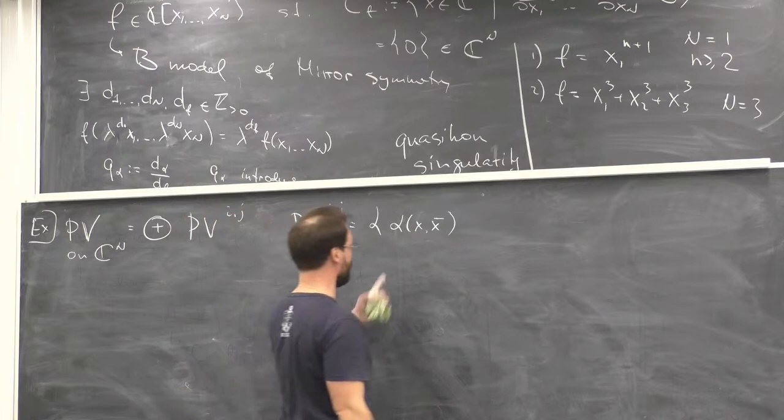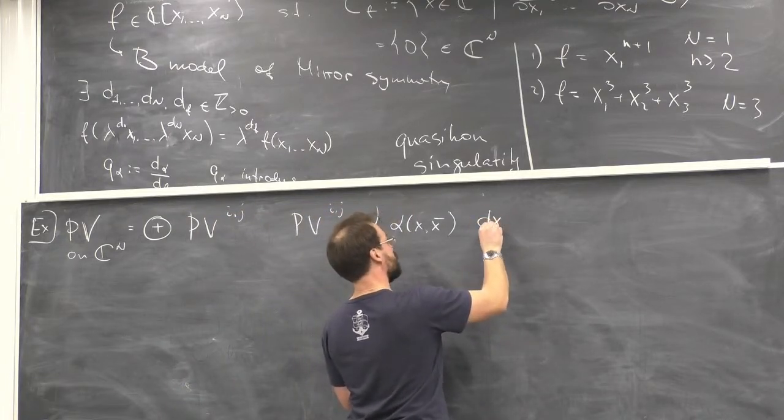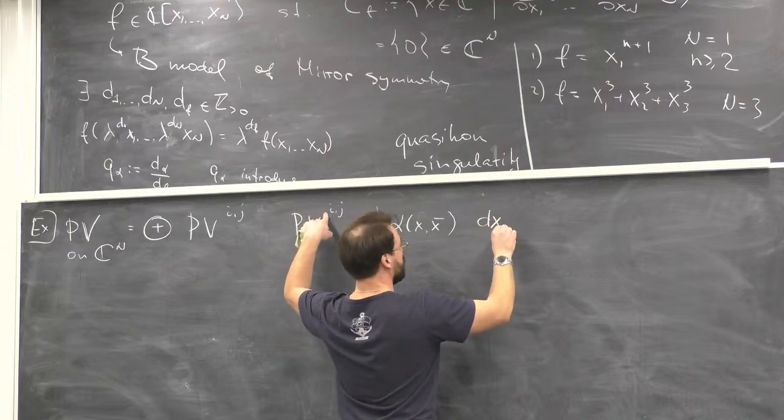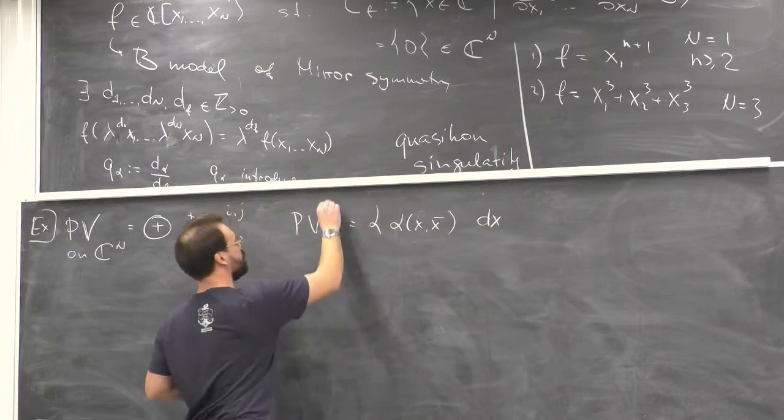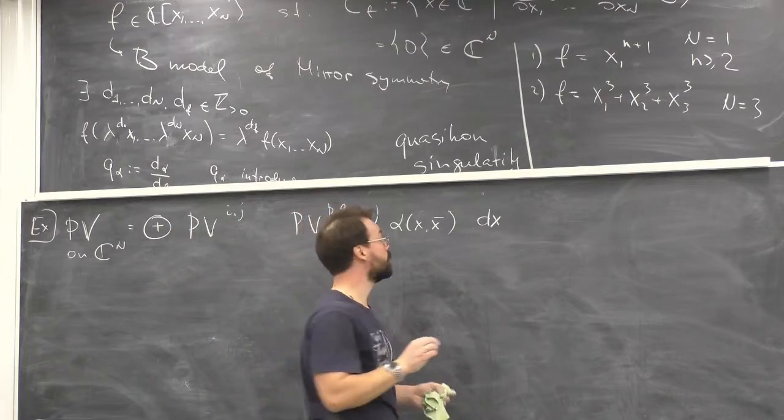Alpha is a polynomial in both x and x bar. Bar means complex conjugate.